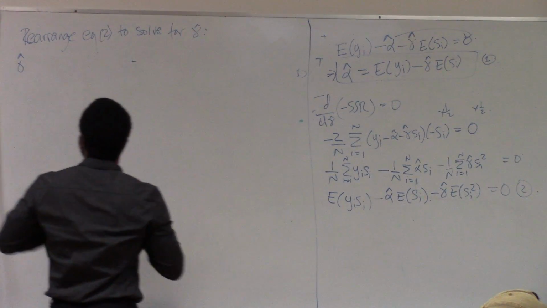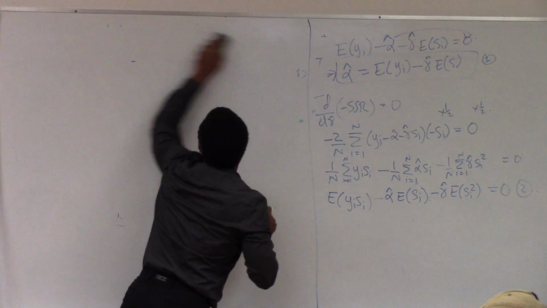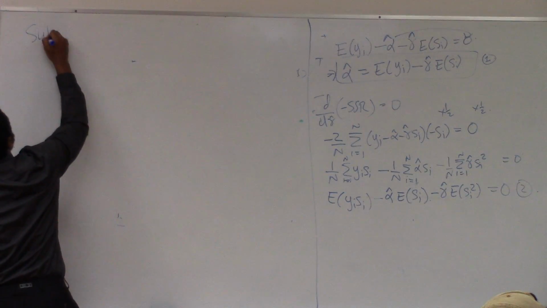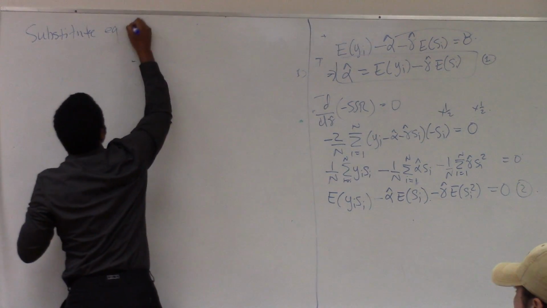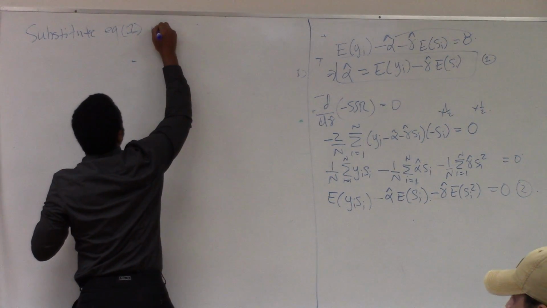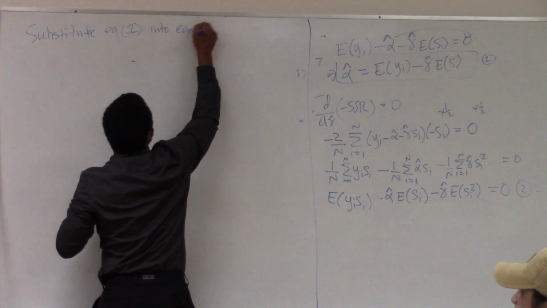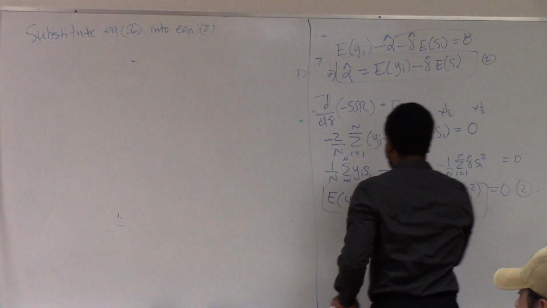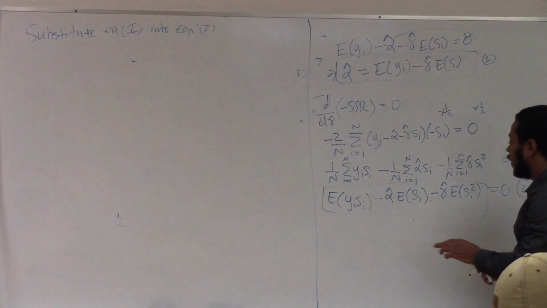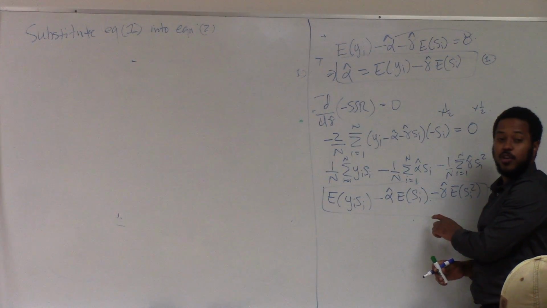Okay, no, let's do this. Sorry about that. Let's substitute equation 1 into equation 2, because we have a set of simultaneous equations. Each of these expectations here is a function of the data.